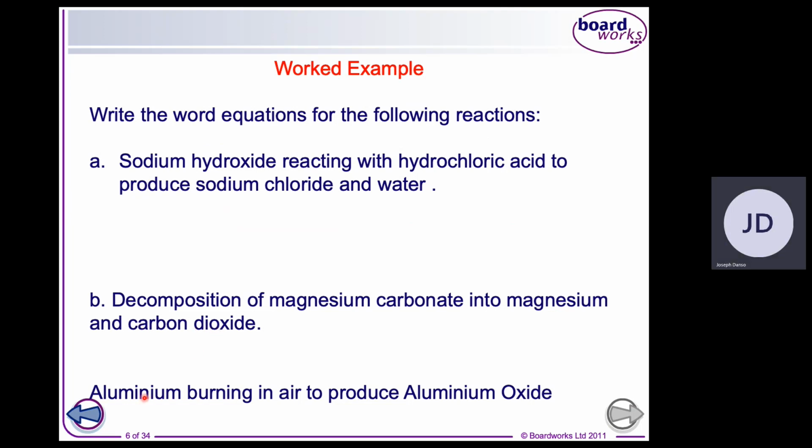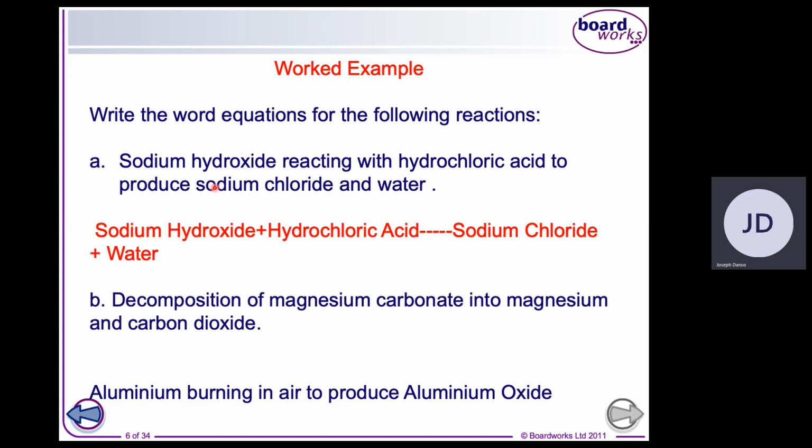C, aluminium burning in air to produce aluminium oxide. Write the word equation for these three reactions. Feel free to pause the video and have a go.